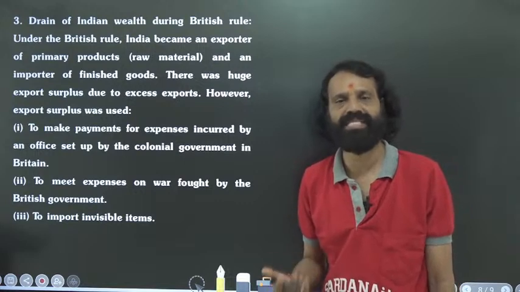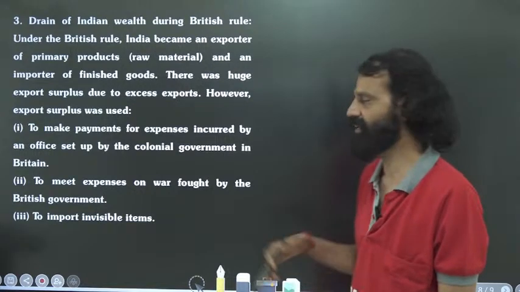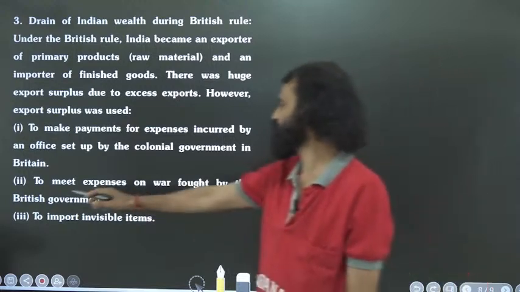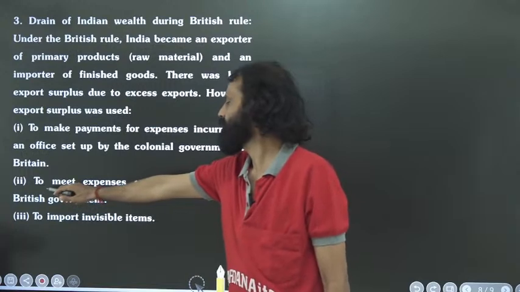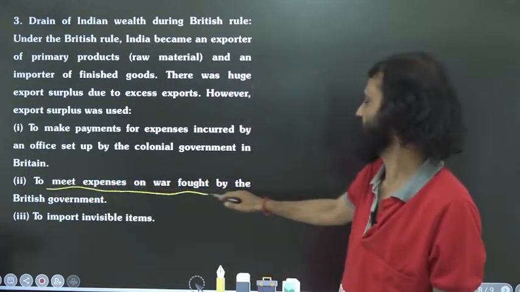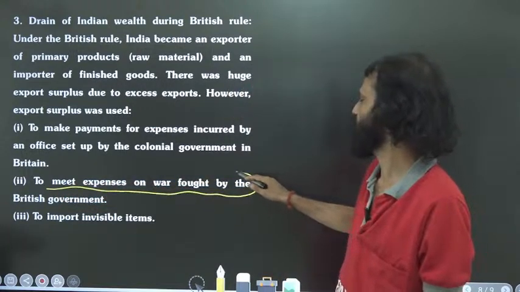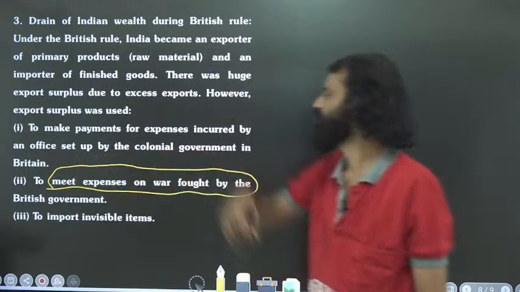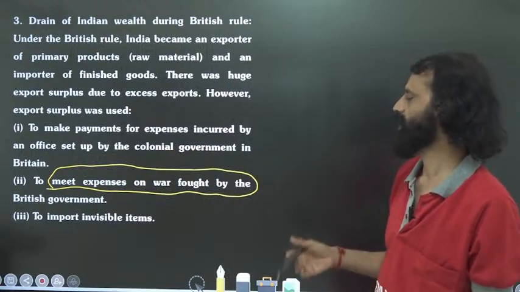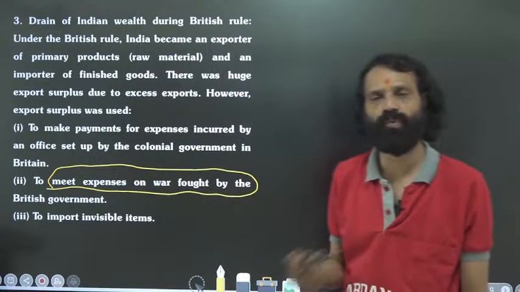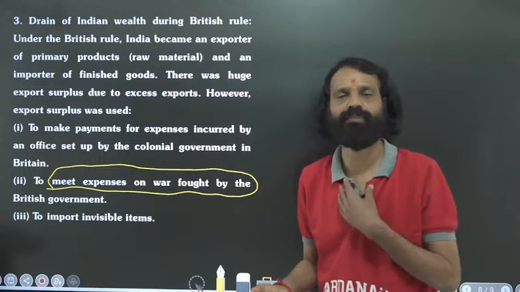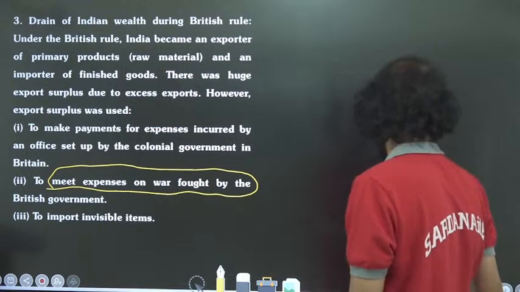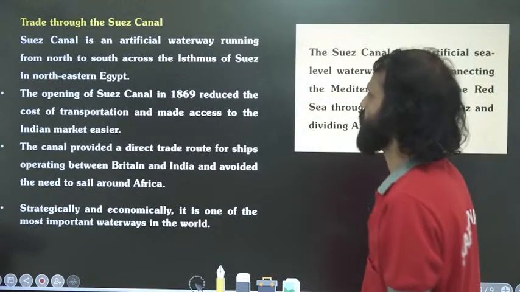Their own business they were nurturing and nourishing using India's wealth. It was also used to meet expenses on war, as the Britishers conducted many wars in India. For that they found money from India alone. It was also used to import invisible items, so many unwanted invisible items exported from Britain to India. Those are the main points.